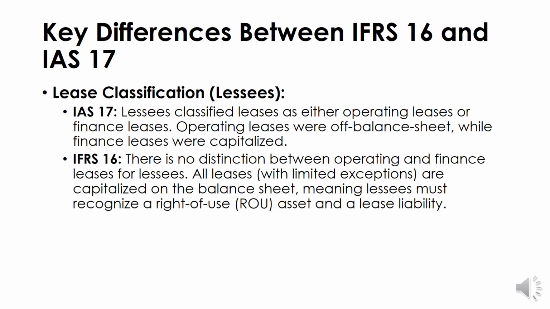Operating leases were off-balance sheet, while finance leases were capitalized. Under IFRS 16, there is no distinction between operating and finance leases for lessees. All leases with limited exceptions are capitalized on the balance sheet, meaning lessees must recognize a right of use asset and a lease liability.